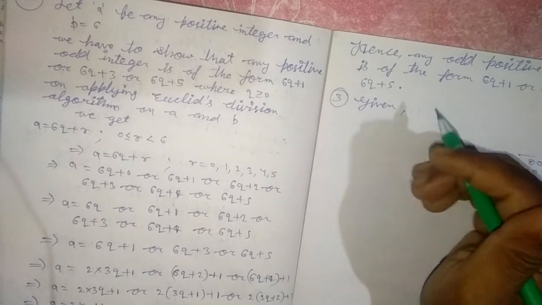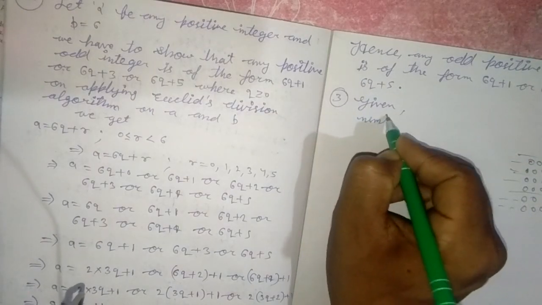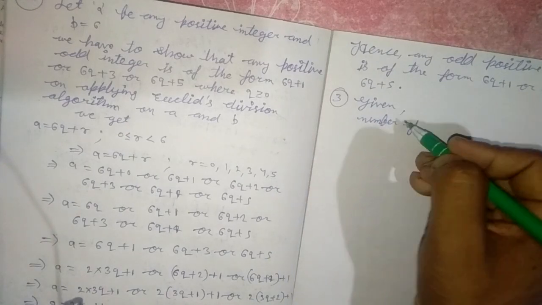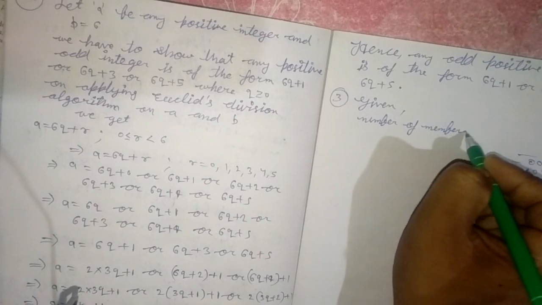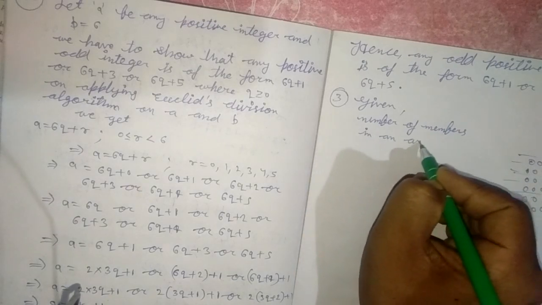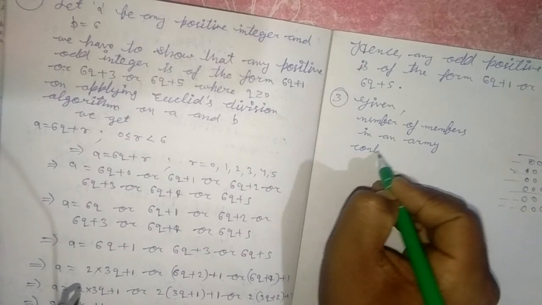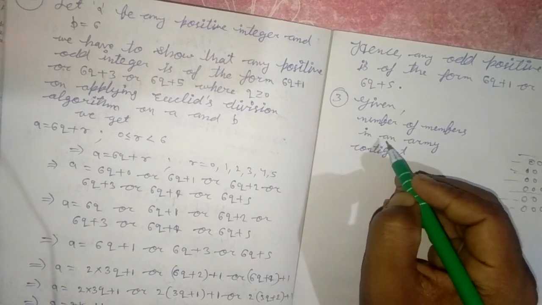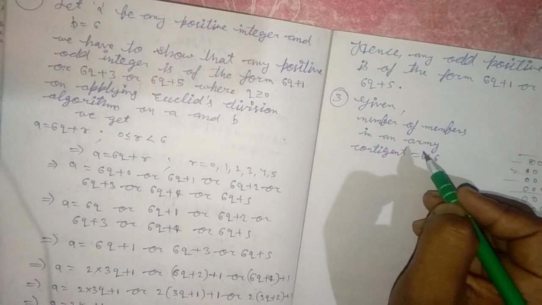So we write: given, number of members in an army contingent equals 616.